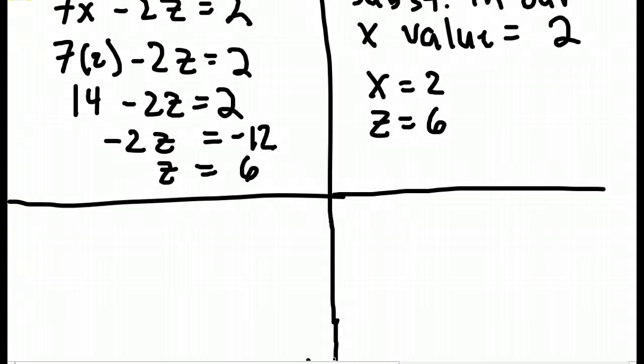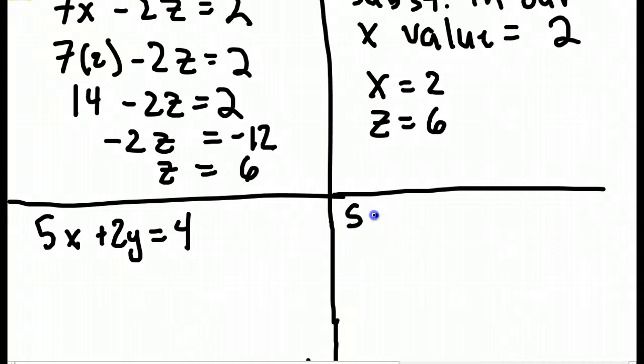We have z and x, so we can put it in our first equation and not even deal with the z, because we have 5x plus 2y equals 4, and we're going to solve for y. Do we have enough information to solve for y?